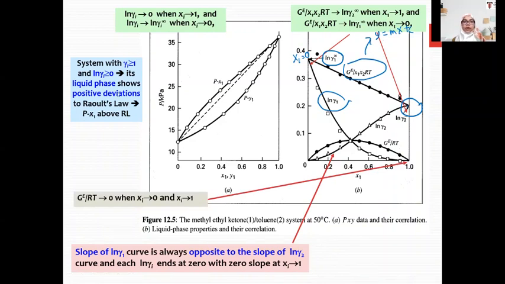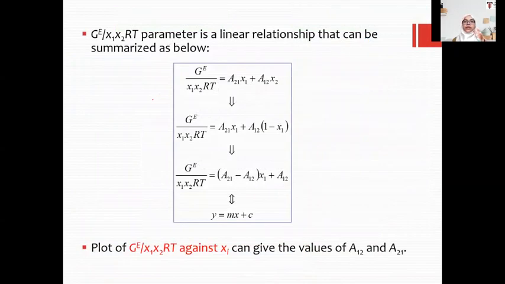This is how we obtain GE over RT equal to 0 when either species mole fraction equals 0 or 1. The slope for component 2 is always opposite to the slope of log gamma 1. So from this linear line, we can create another mathematical expression to determine the Gibbs energy.